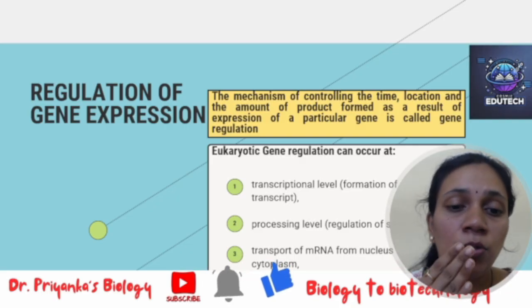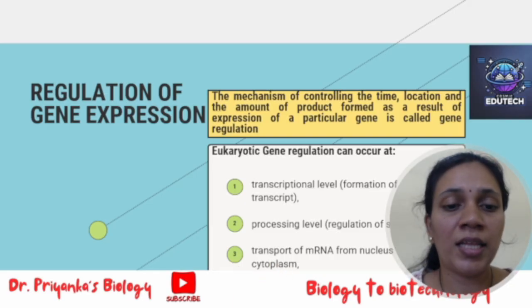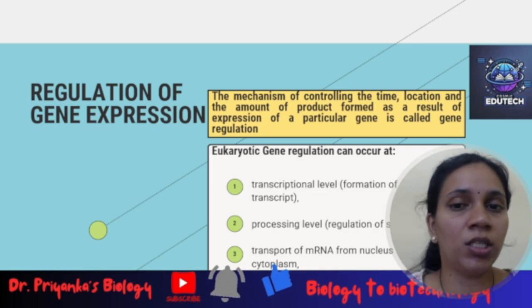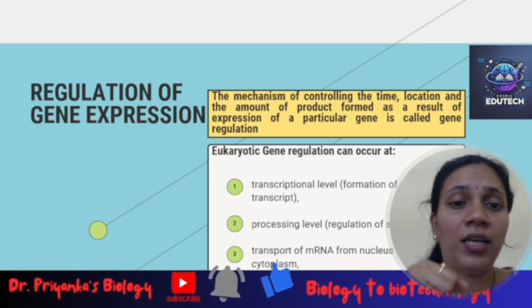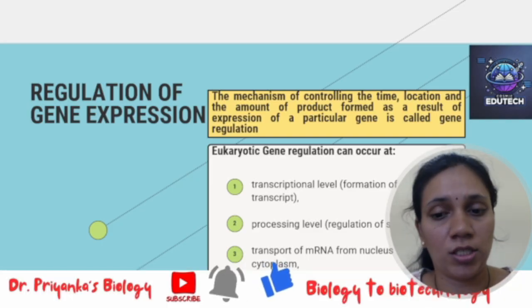It can occur during RNA splicing, which will lead to further changes. Then it can occur at the translational level. During translation, if there is any error in the attachment of the mRNA to the tRNA, then again it will lead to certain changes.